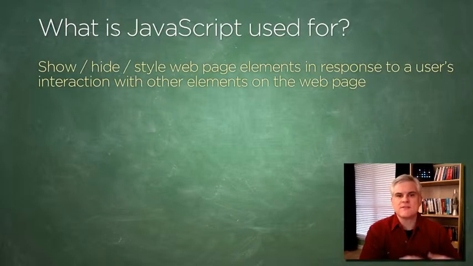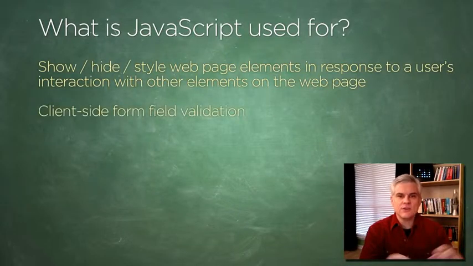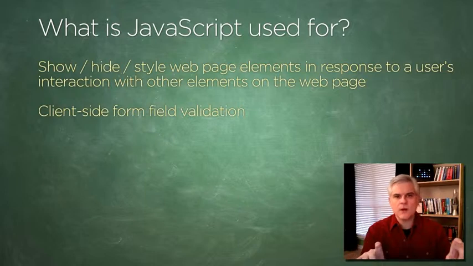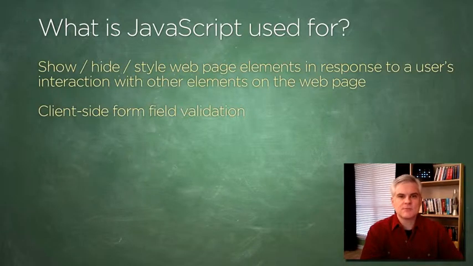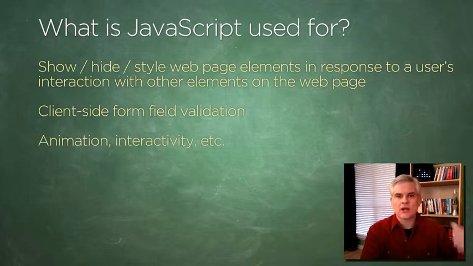JavaScript has been used to validate the entries of users into form fields embedded on the web page as a first line of defense before sending data up to the web server for processing. JavaScript has been used to animate elements on a screen, and this could include graphics that are moving around the page, or content that's sliding into place, or color or opacity transitions and things of that nature.